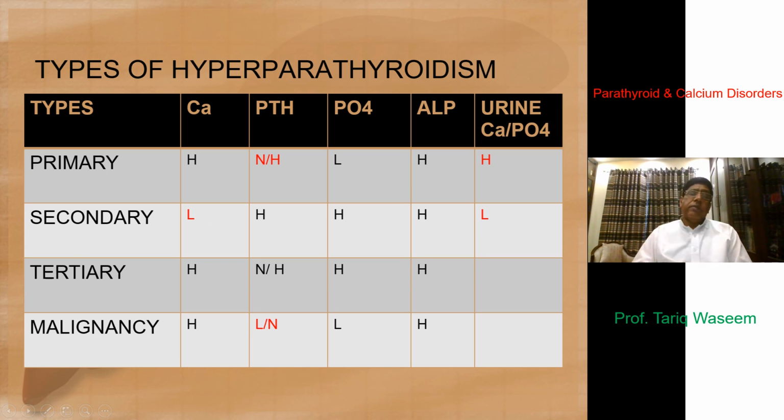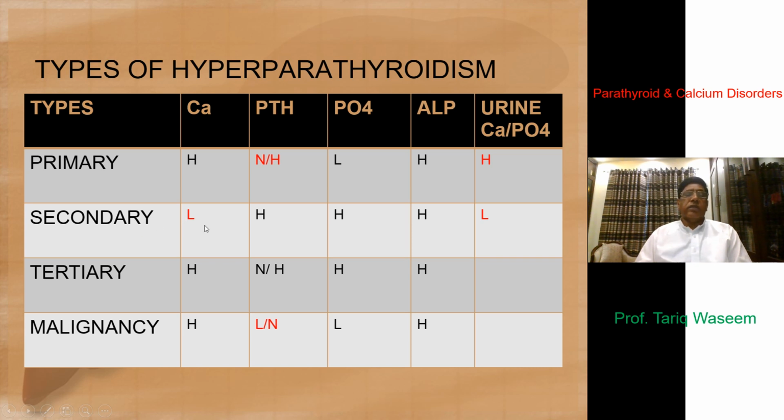But in secondary hyperparathyroidism, the calcium is low. Secondary means that primarily the calcium is low because of other reasons, which may be because of less calcium being absorbed from the gut, or less calcium being reabsorbed from the kidney in renal failure, and maybe raised phosphate level.